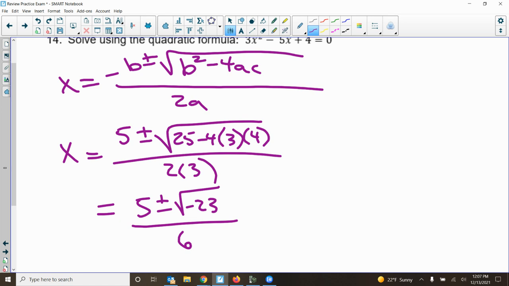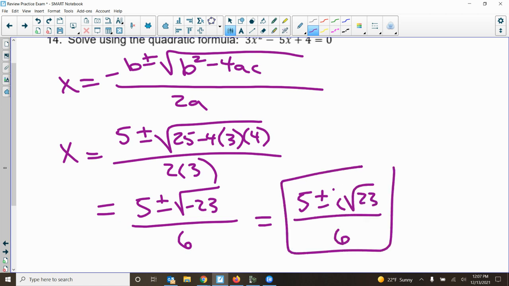Can't the i go out? The negative gets rid of the negative, i goes out front. So the final answer should be 5 plus or minus i radical 23 over 6. Nothing to simplify there. 23 is prime, so you can't reduce the square root. 5 over 6 doesn't reduce.